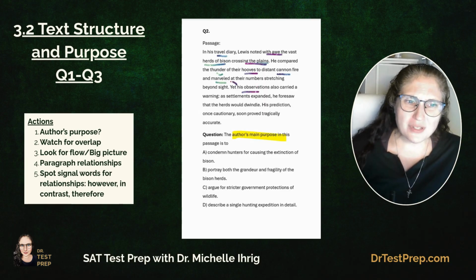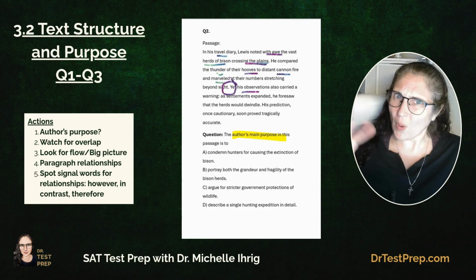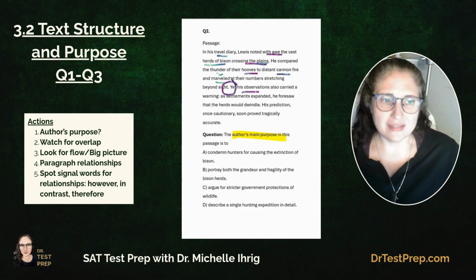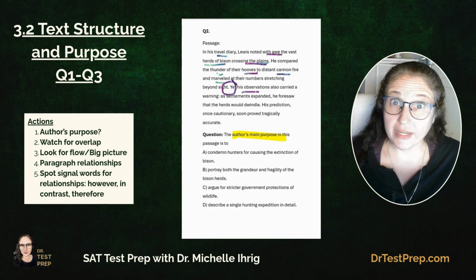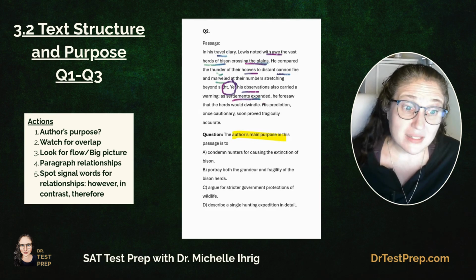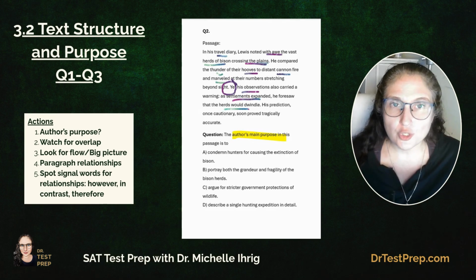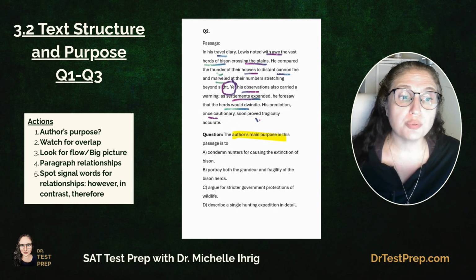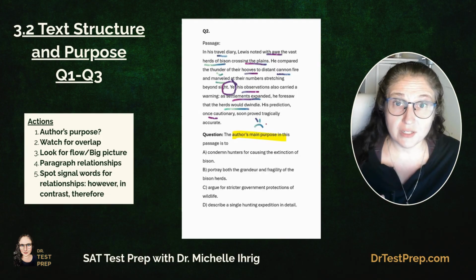Yet, his observations, yet is one of those words, his observations also carried a warning. As settlements expanded, he foresaw that the herds would dwindle. His prediction, once cautionary, soon proved tragically accurate.